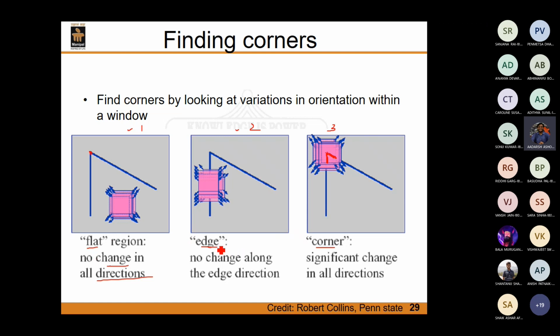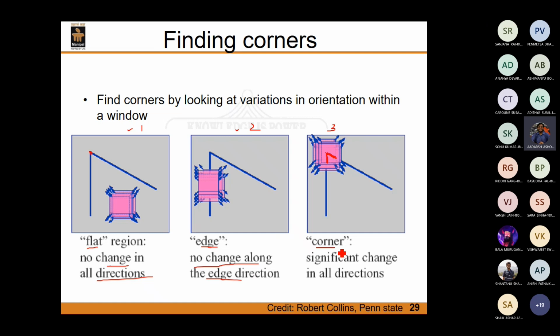In the second scenario, where you have a window with an edge region, you have an edge here, so there would be a non-zero gradient value present. But there is no change in direction between these windows. Here there is a gradient, but no change along the edge direction, so there is no corner present.